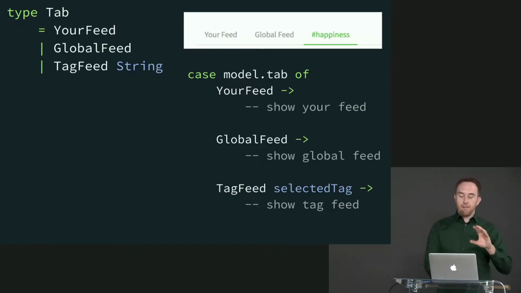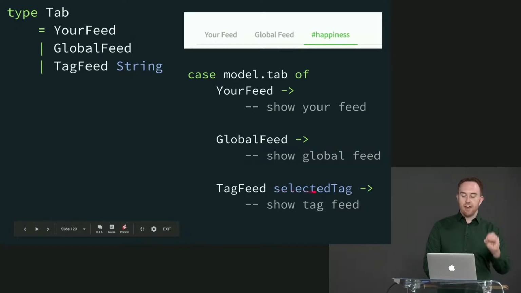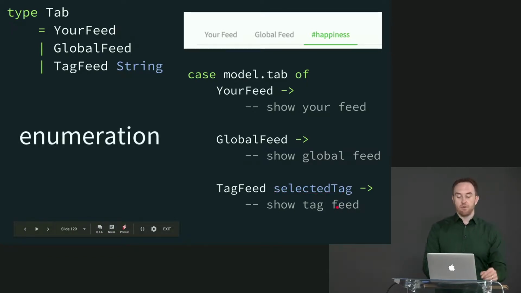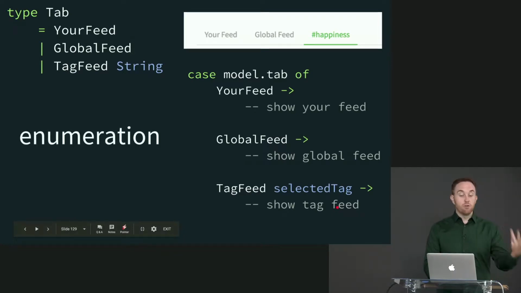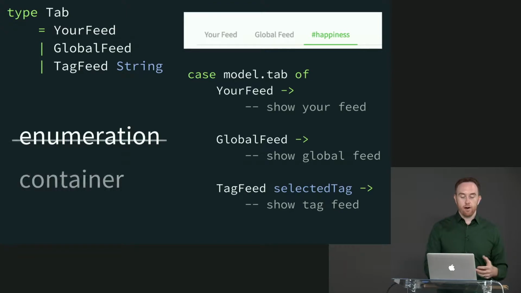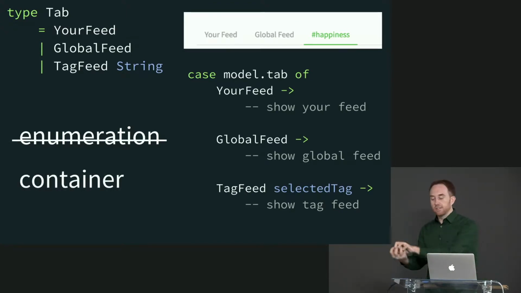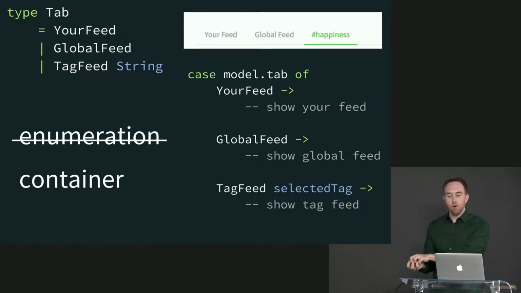I'm not saying that this is a particular value. I'm saying, I don't know what that value is, but give it this name, and I'm going to do something with it. So we've essentially gone from having Tab be an enumeration, which is what it was before, to now a container. It's a container that situationally holds additional information, only in the case that we're on a tag feed.